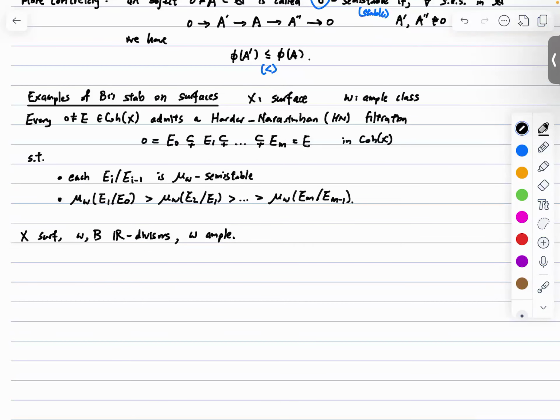Then here's an abelian category you can use to form a Bridgeland stability condition.